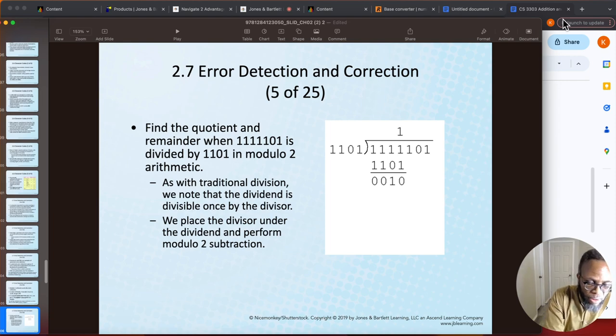A divisor is a number by which another number is to be divided. So this is the divisor. Okay, so let's say you were sending 111101 through a computer. You, the sender, could negotiate with the recipient that there's going to be a CRC checksum of 1101.